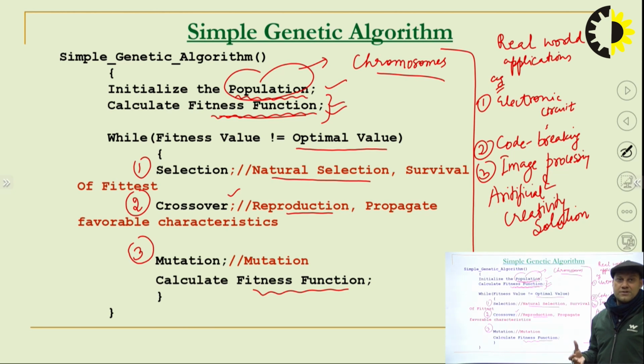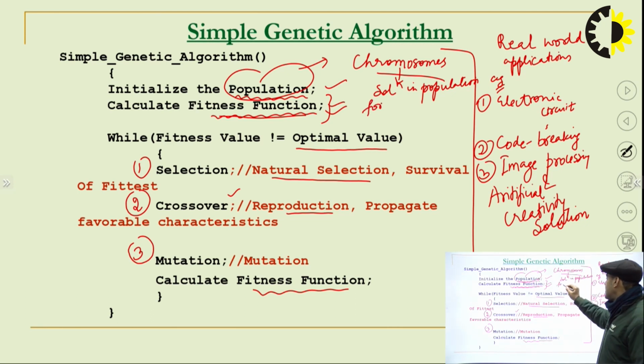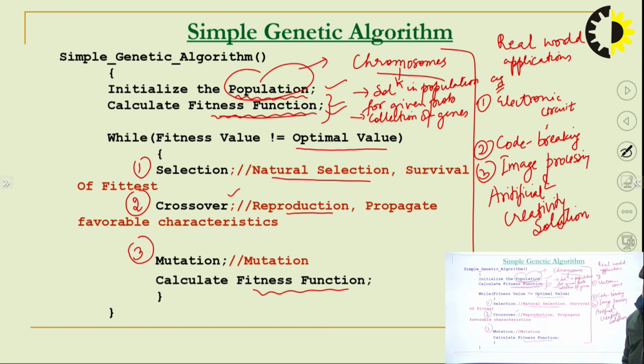Population represents the n number of problems that are coming. A chromosome can be defined as a solution in population for a given problem, and it can also be defined as a collection of genes. Okay. Now the question arises: what are genes?